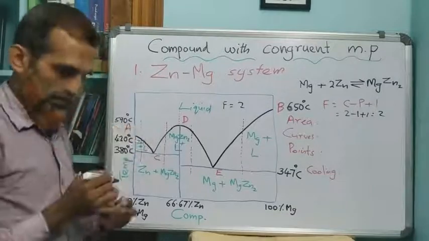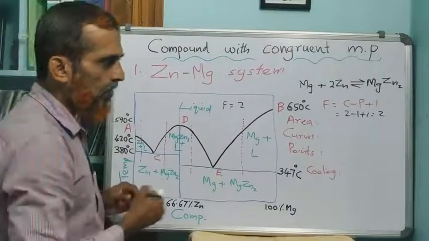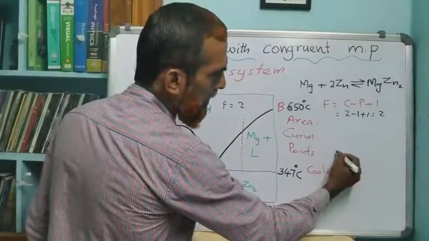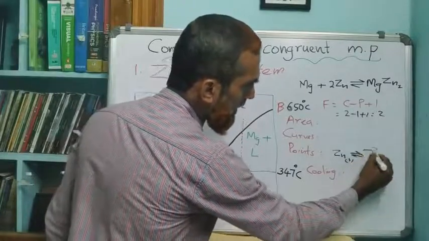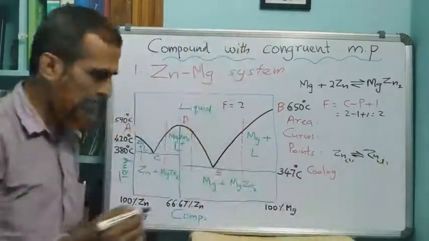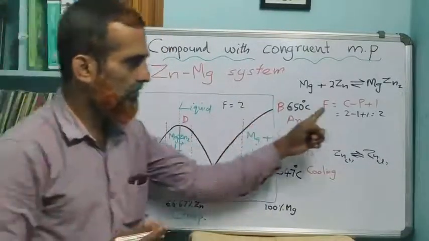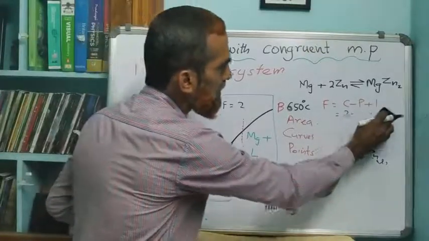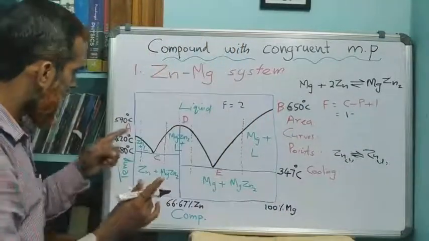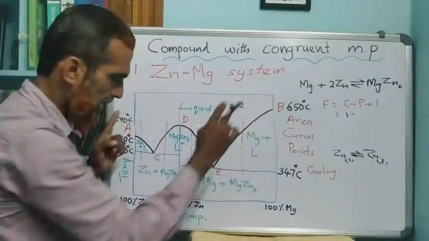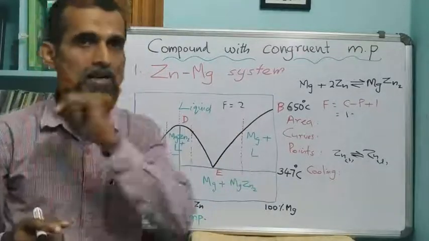Now point A is the melting point or freezing point of zinc. What will be in equilibrium there? Zinc solid in equilibrium with zinc liquid, right? That is the melting point of zinc. Applying the phase rule here, it will be 2 minus, it's not 2, it's 1, because I have told you the two points A and B which represent 100% zinc or magnesium reduce to a one-component system.